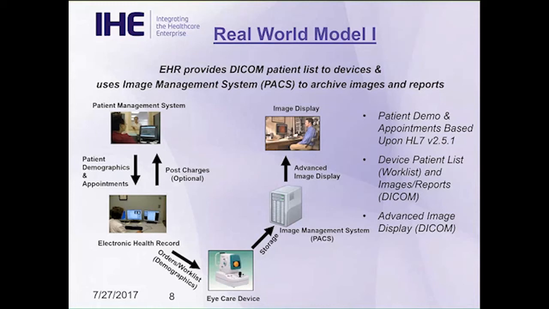And then it will create a patient list, which is then loaded to the IHE device. So what's happening now, as you can see, is we actually register the patient in the practice management system. We type that information in, and all that data automatically flows all the way through to the EHR and to the IHE devices. So we only have to input this key information once in the system. So that helps keep patient safety in mind.